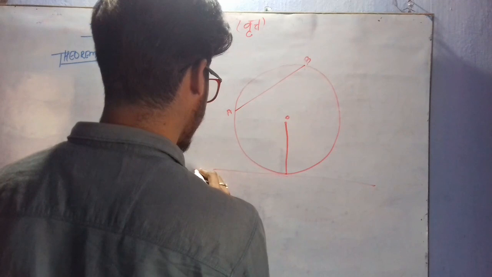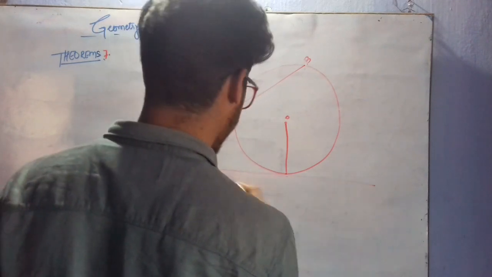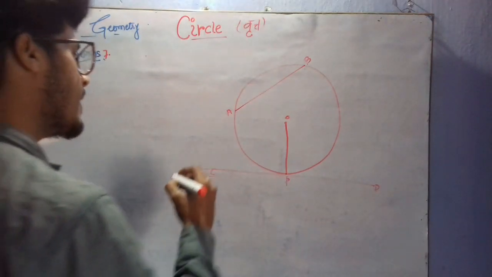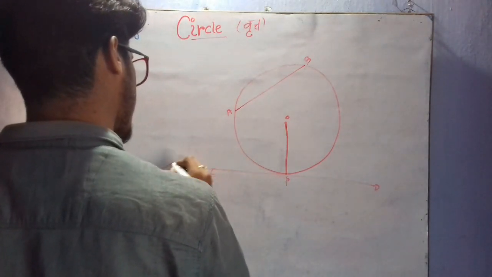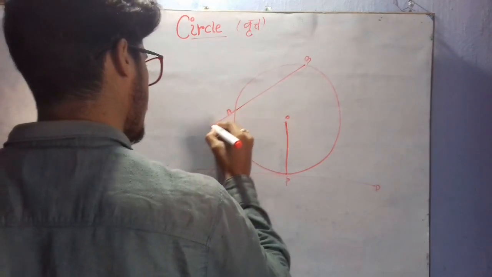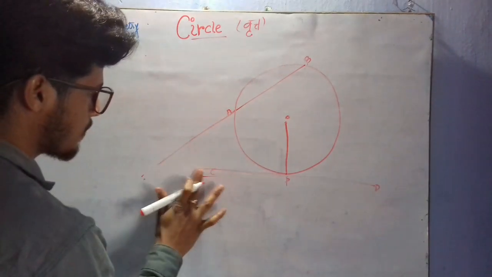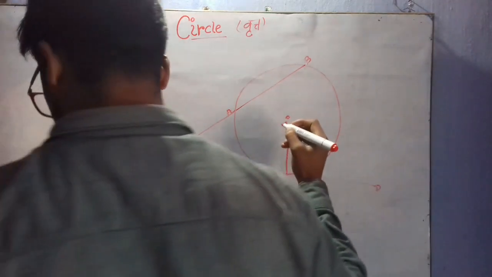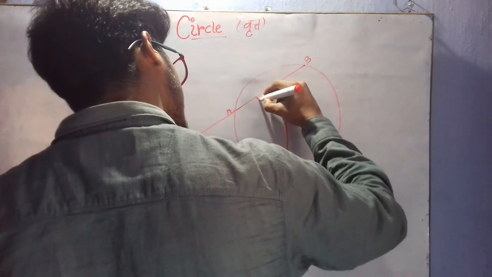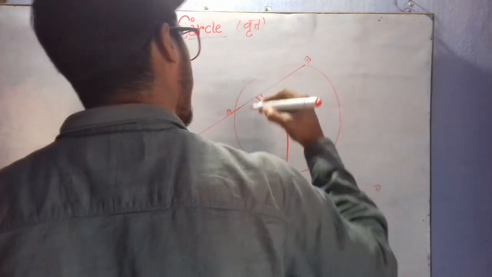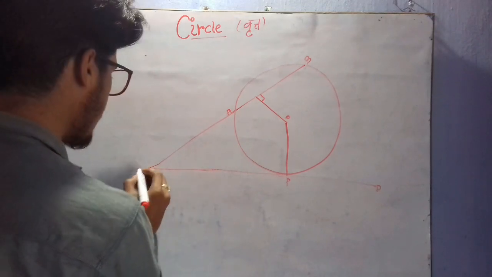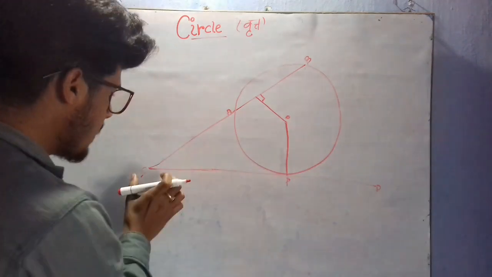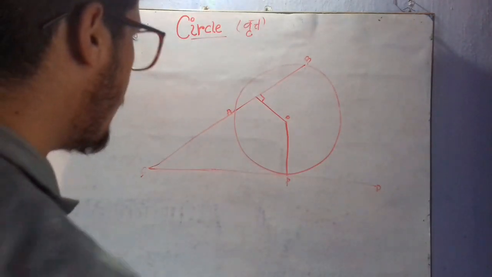Let's take this CD, C and D, and this is P. If we join them, this will be 90 degree. So AB is our chord and CD is a tangent line of this circle.